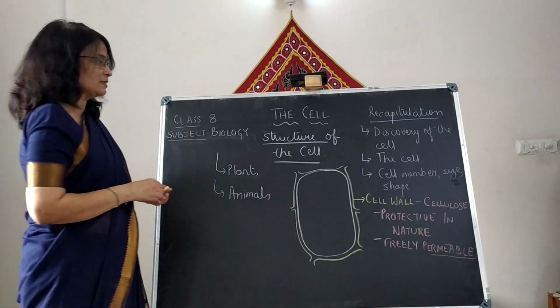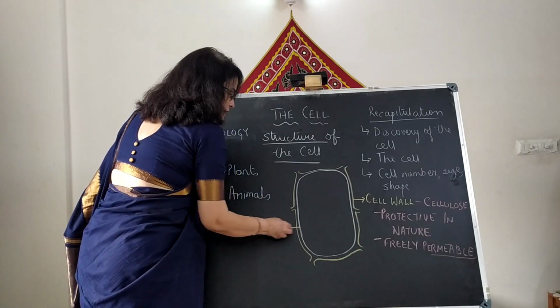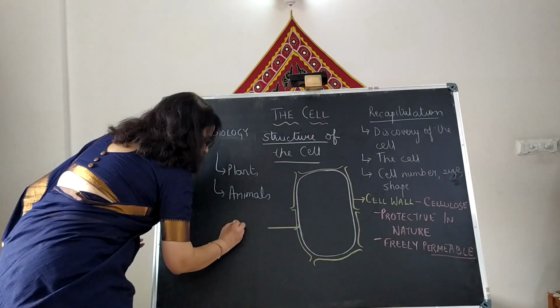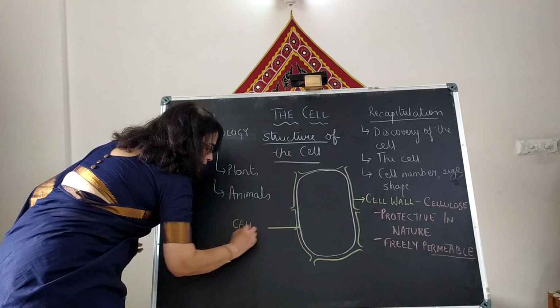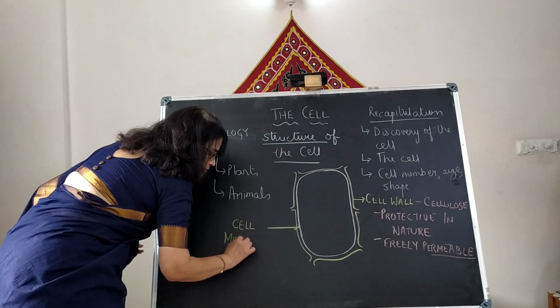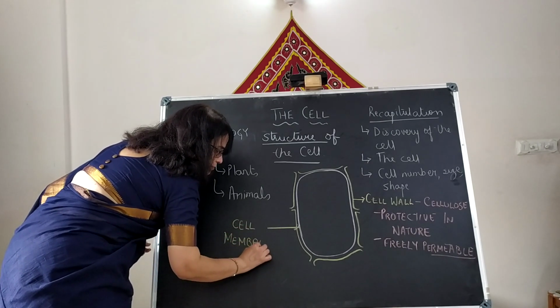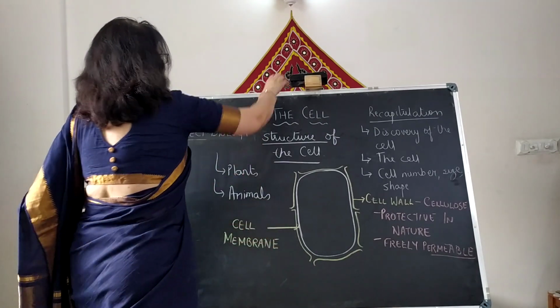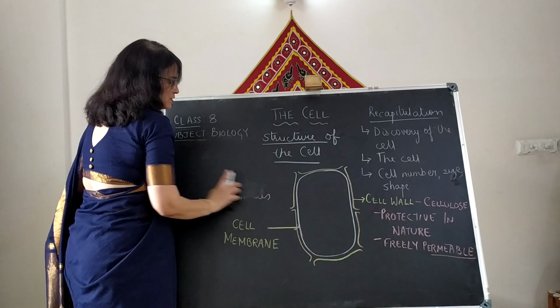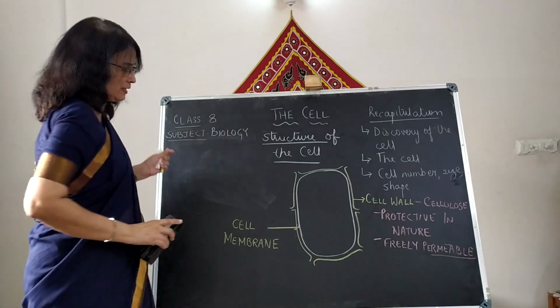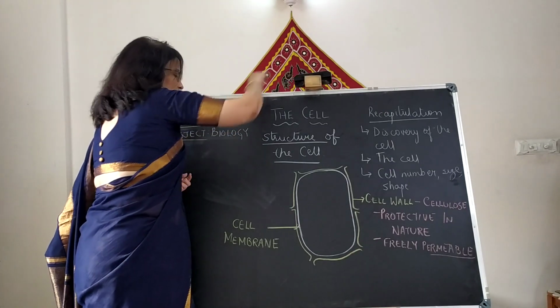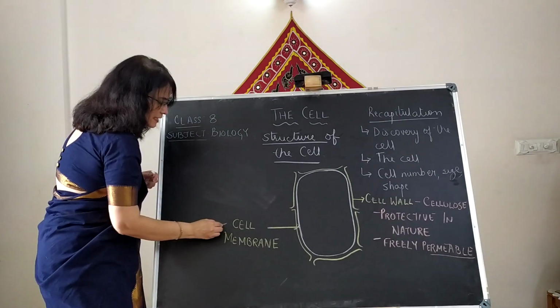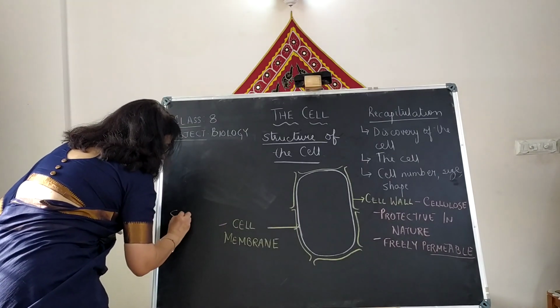The next part is the cell membrane. Now the cell membrane is what is known as selectively permeable.